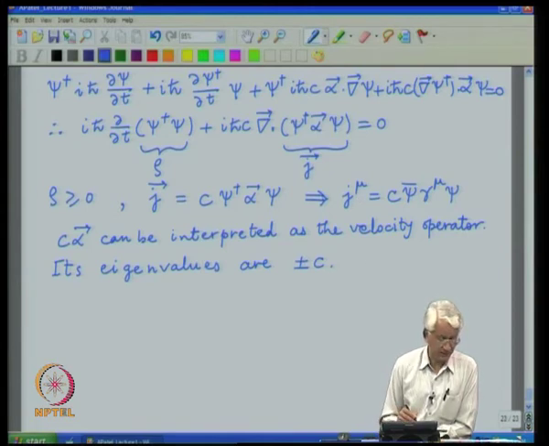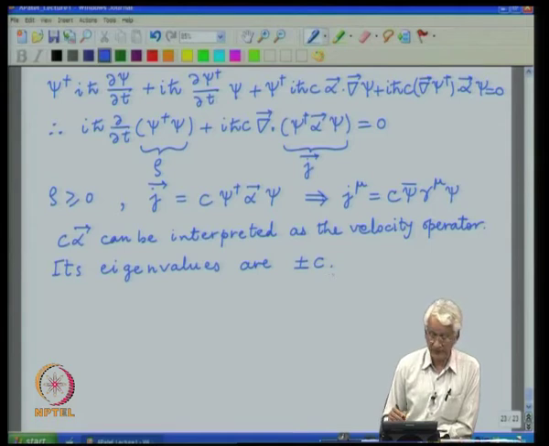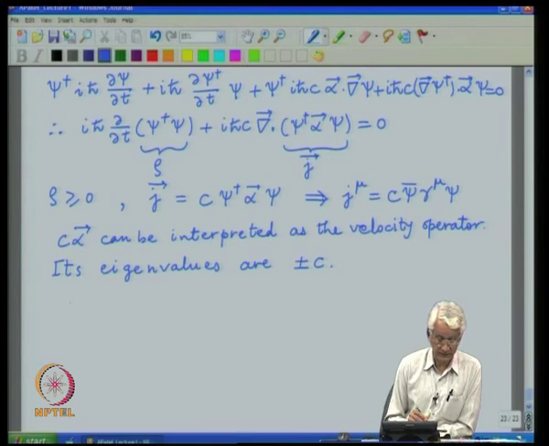So, now to understand this velocity in a little more detail, we can compare it with the equations of motion, and the simplest equations of motion can be just worked out in analogy with Ehrenfest's calculation in the case of the non-relativistic equation.